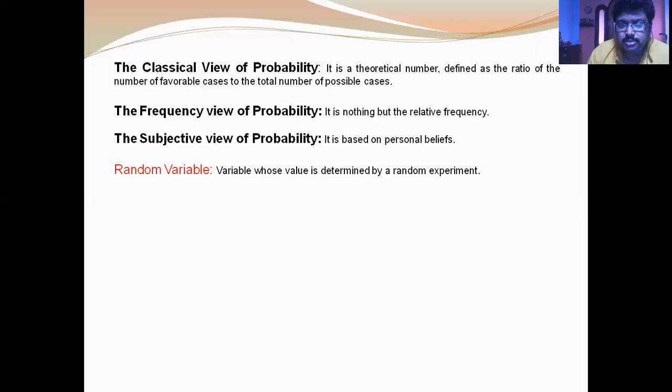Head is indicated by H, tail by T. Then the sample space for this experiment is: head head, head tail, tail head, tail tail.